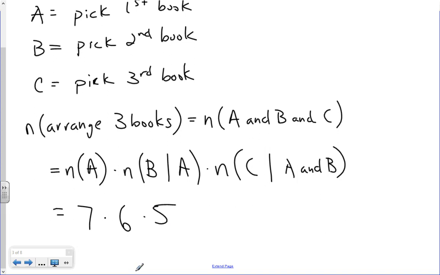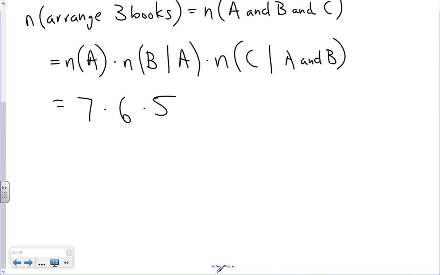So 7 times 6 is 42, times 5 is 210. That's 210 different ways that I can arrange those 3 books on the shelf from the 7 books to pick from.